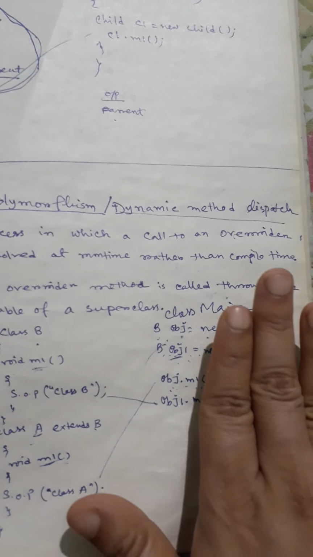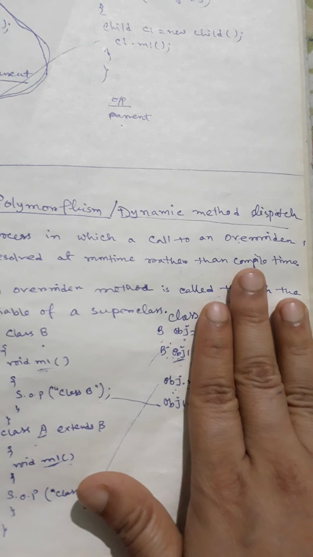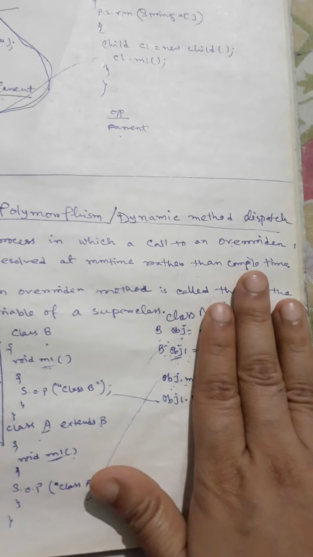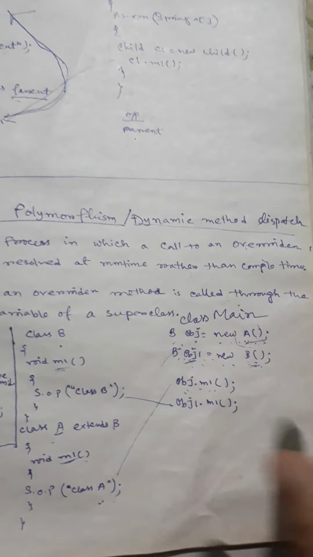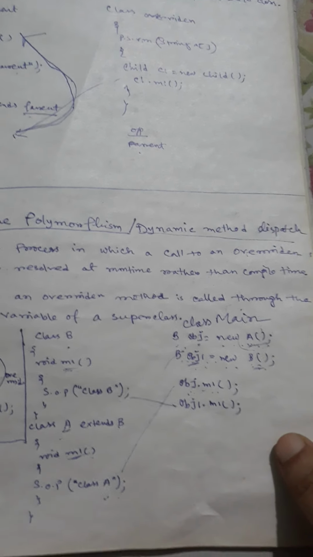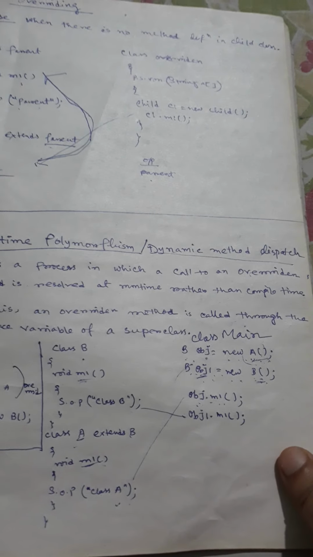So we don't know, before writing the constructor or before running this code, which object of which class. So basically it is resolved at runtime. This is basically the concept of dynamic method dispatch.